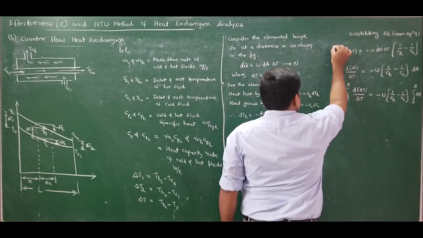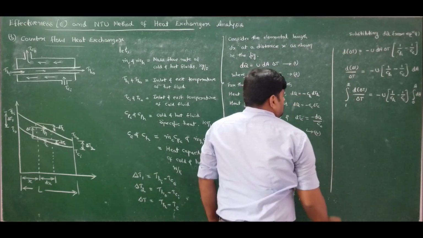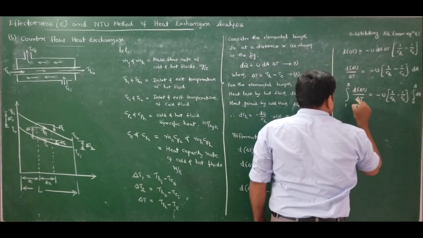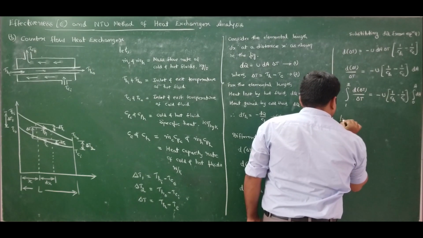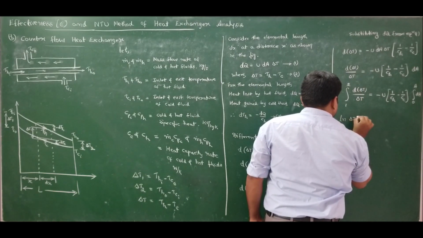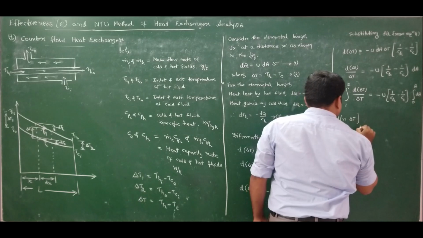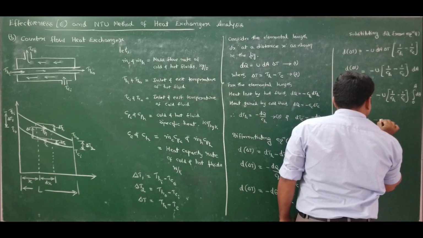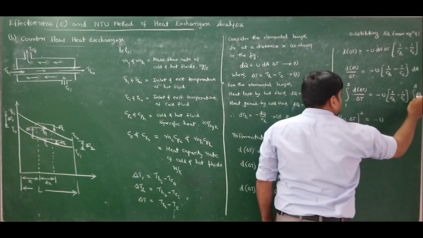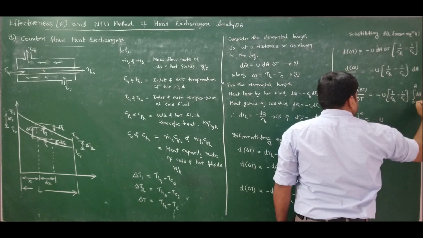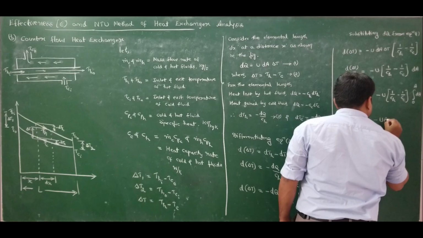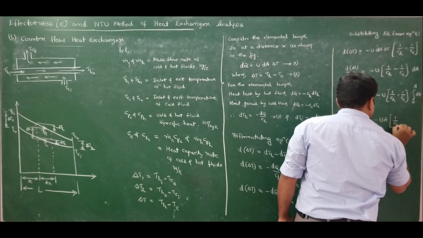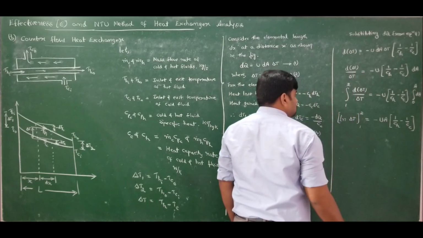Now if I integrate, I will get this of the form 1 by x, so therefore I will get ln of delta T from 1 to 2 is equal to minus U, integral of dA is A, limit is from 0 to A, so therefore I will get A into 1 by Ch minus 1 by Cc.